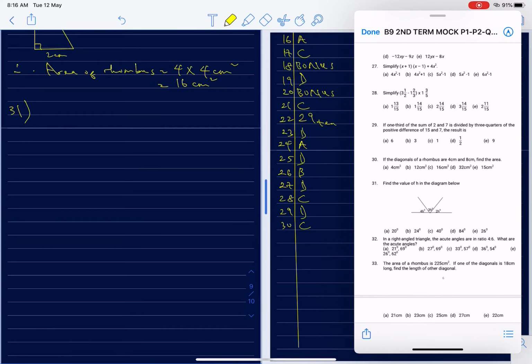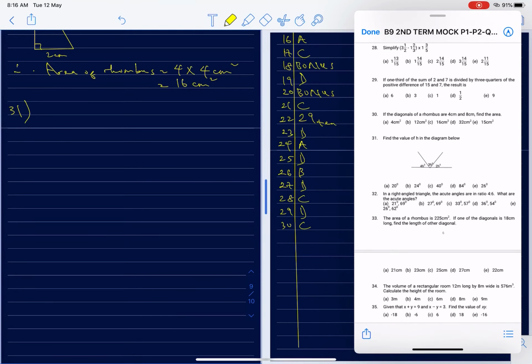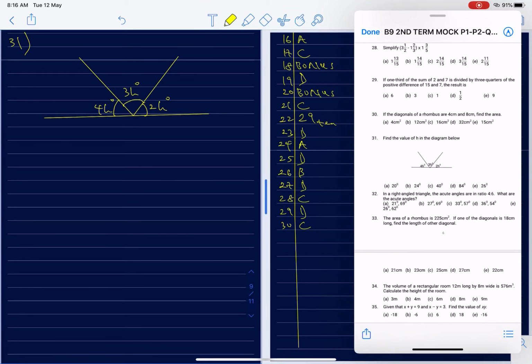31. Find the value of H in the diagram below. Of course, that's simple. This is 2H degrees, this is 3H degrees, and this is 4H degrees. All of them are on a straight line, so we can say 4H plus 3H plus 2H equals 180 degrees, angles on a straight line.